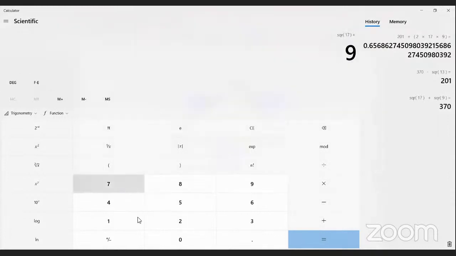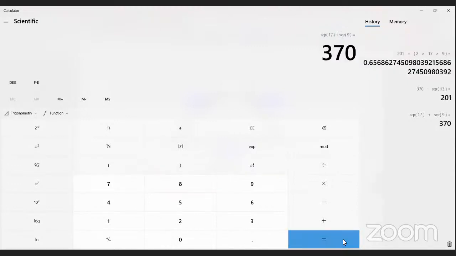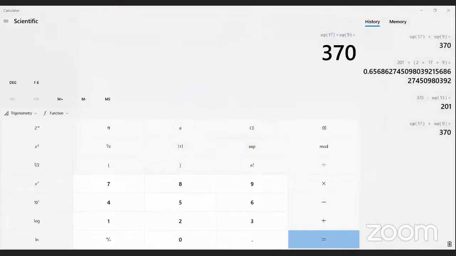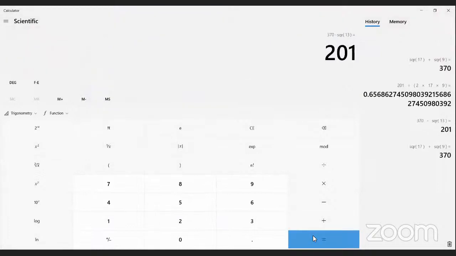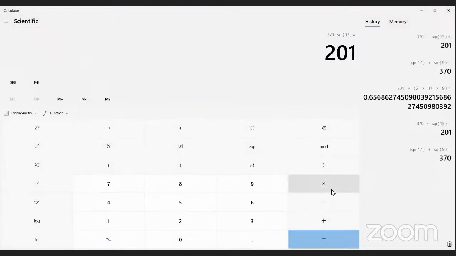17 square plus 9 square equals 370, minus 13 square, which gives us 201.